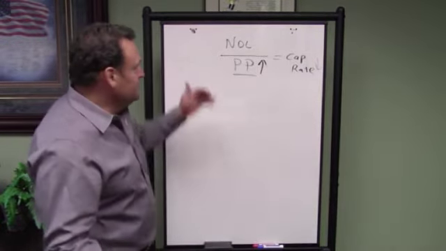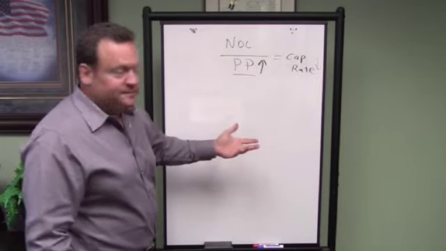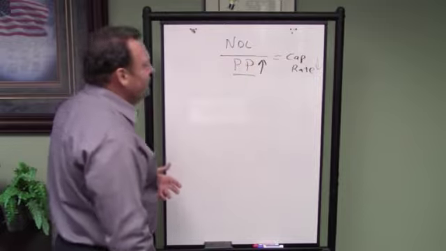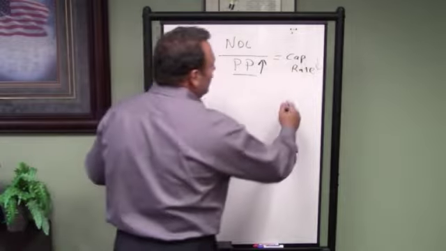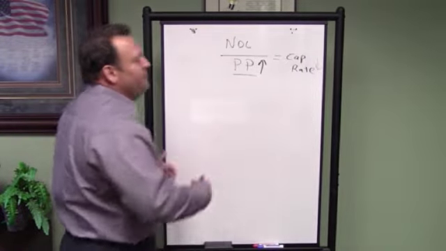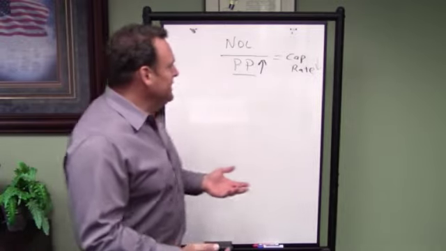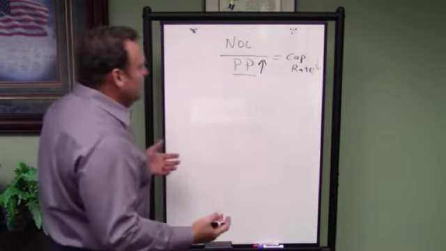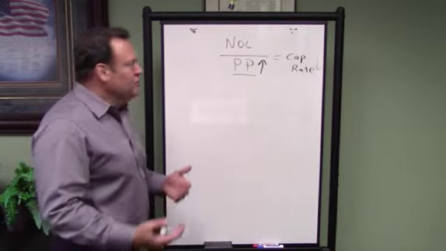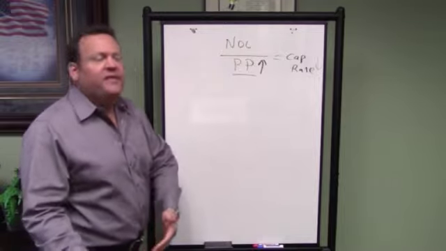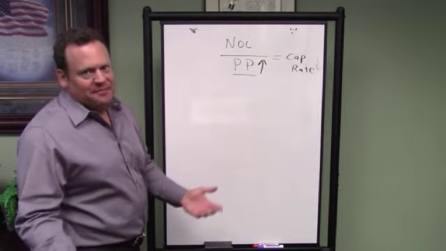That's just basic algebra. A over B, if B is bigger, it's a lower percentage. Okay? So if the building's performing really well, and the seller wants to sell it at a really low cap rate, that means you're going to pay a much higher purchase price. Just the way it works. But if you're buying it at a discount, and your cap rate existing is 5%, and you can get it to a 12%, and then sell it at an 8%, that, my friends, is how you make money.